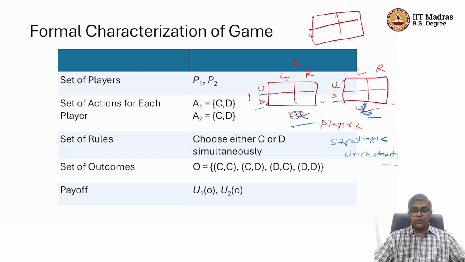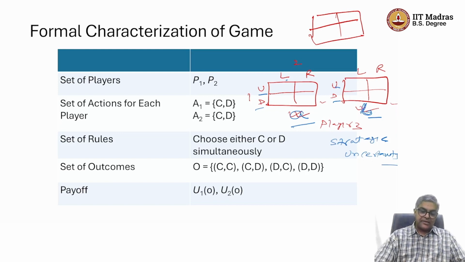But what will we do if we have 4 players? What will we do if there are only 2 players and each player has an infinite number of strategies, like in a continuous setting where one can put any amount of money on the table? Then it would become very difficult to use the tabular form. So, we have to do a formal characterization of the game, and this is what we can do. How can we do that?